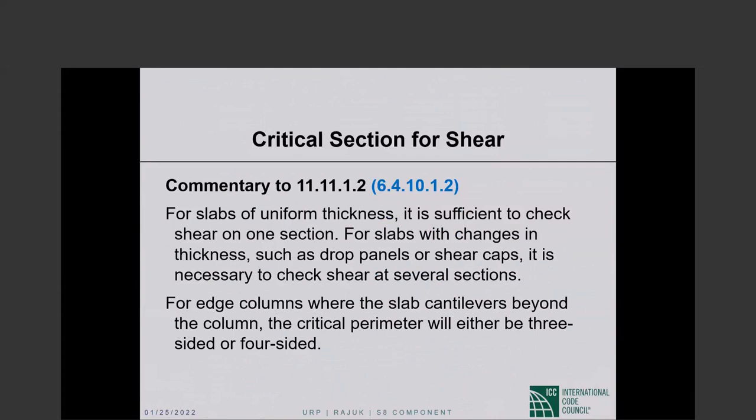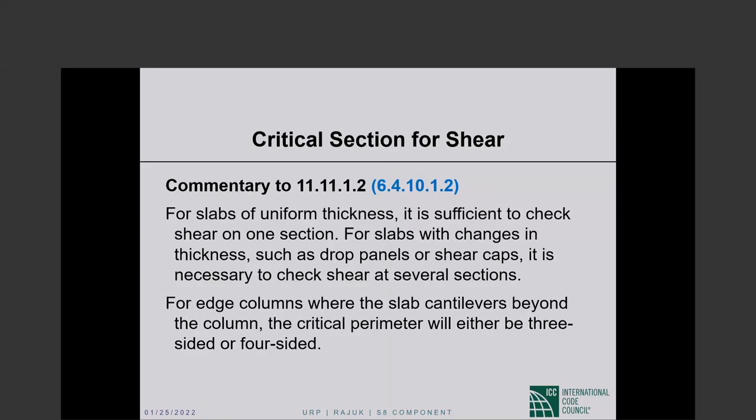Critical section for shear. For slabs of uniform thickness, it is sufficient to check shear on one section. For slabs with changes in thickness, such as drop panels or shear caps, it is necessary to check shear at several sections, as we just discussed. For edge columns, where the slab cantilevers beyond the column, the critical perimeter will either be three-sided or four-sided. This is kind of an interesting situation.